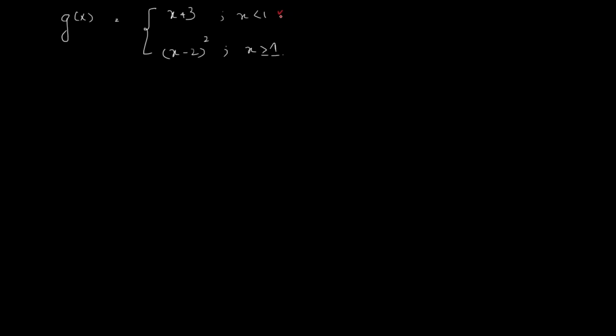So let's focus on this part of the function first. Here is our x and y axis. Before 1, that means 0.5, 0, minus 1, minus 2, everything on the left side of 1, right?